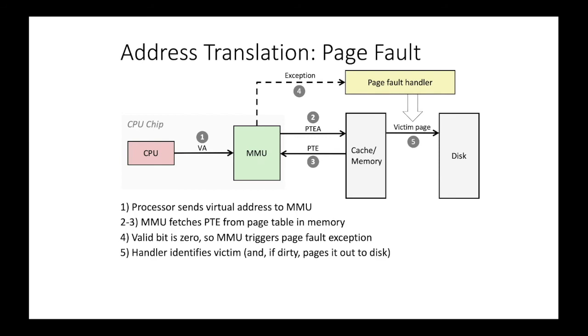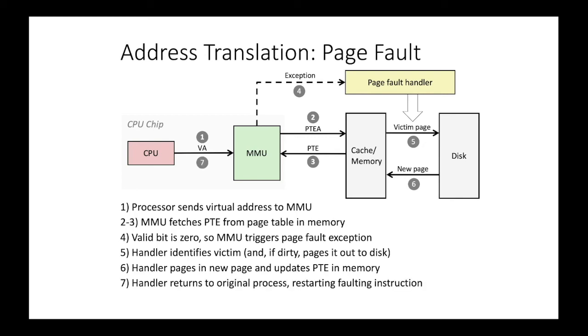The exception handler identifies the victim page, and if it is dirty, then we have to update the disk, and then we load a new page and update the page table entry in memory. And then, because the page is loaded, the exception handler returns to the original process, restarting the faulting instruction.